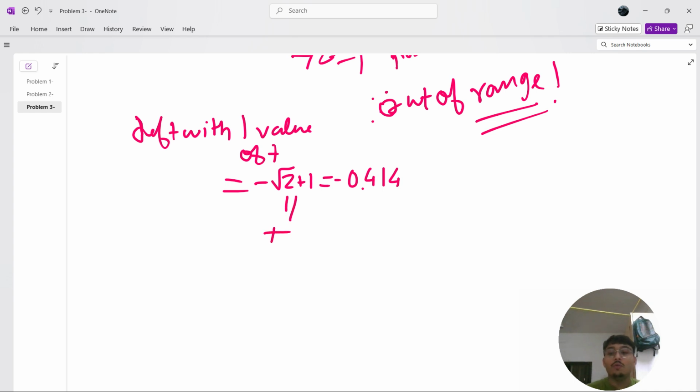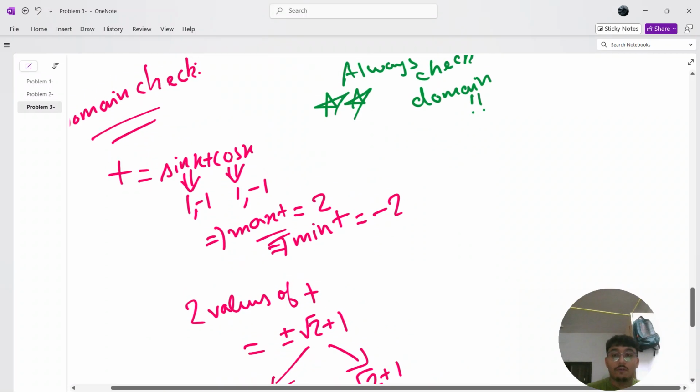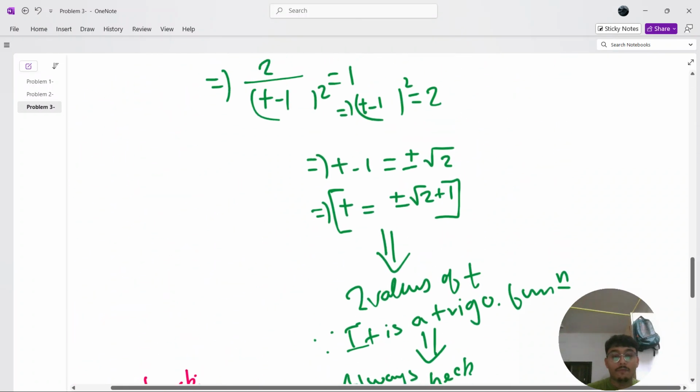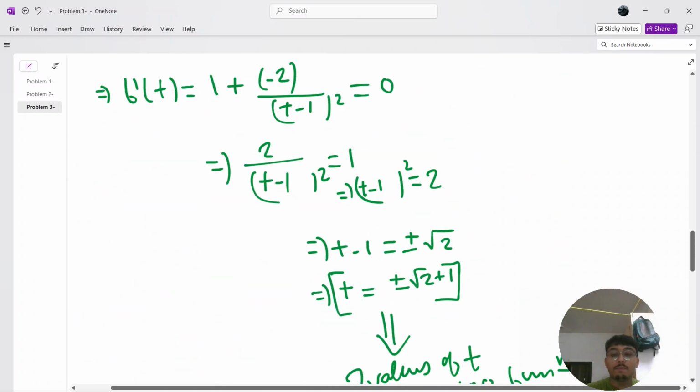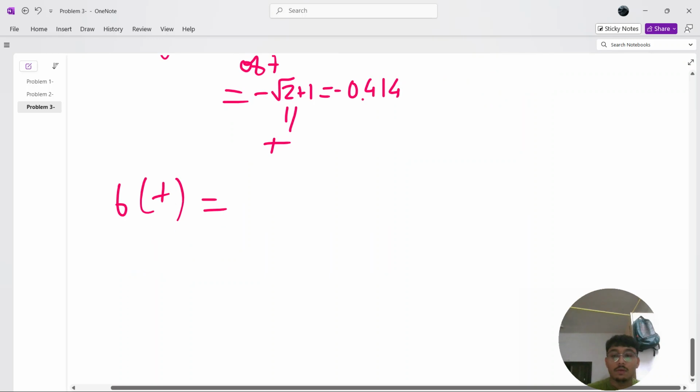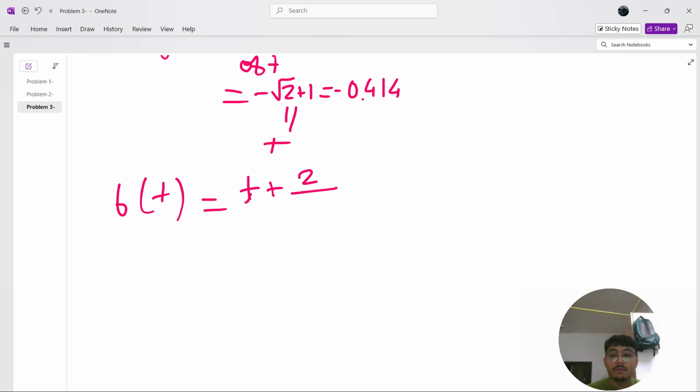Now what do we need to do? We need to find out what f of t is. F of t is basically t plus 2 by t minus 1.